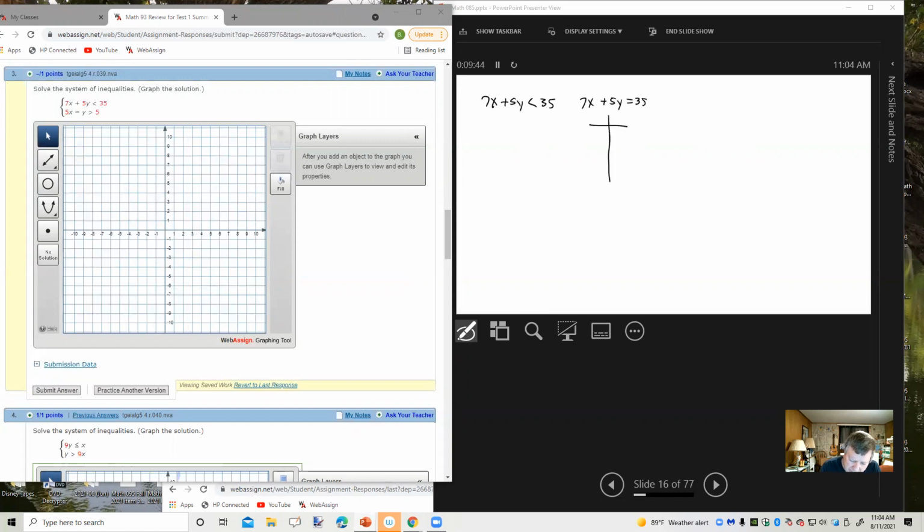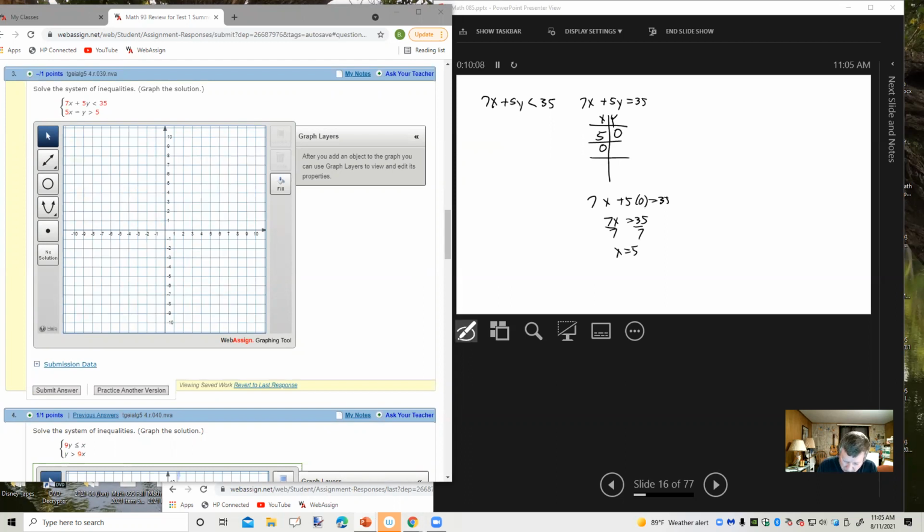Once again, I'm going to go after the x and y intercepts. I don't have to use those points, but they're nice points to use. So if y is 0, we get 7x plus 5 times 0 equals 35. 7x equals 35, divide both sides by 7, x equals 5.